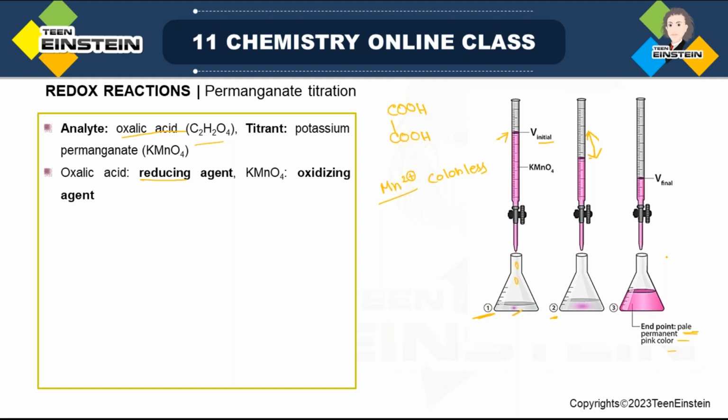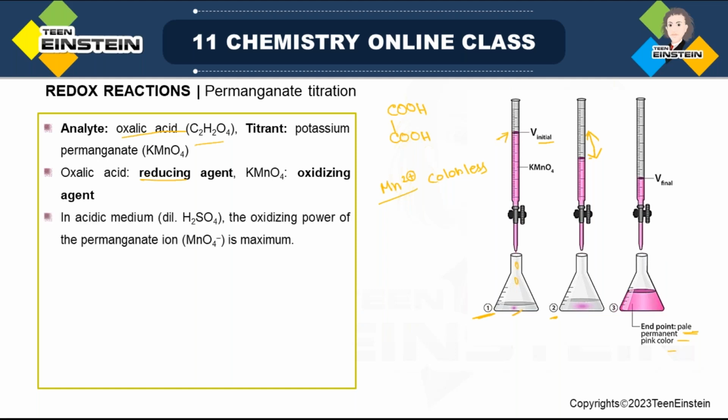So we have not added any separate indicator. And remember, in acidic medium, mostly dilute H2SO4 added, the oxidizing power of this anion is maximum, because in acidic medium, MnO4- is converted to Mn2+. In basic medium, it is converted to MnO2.